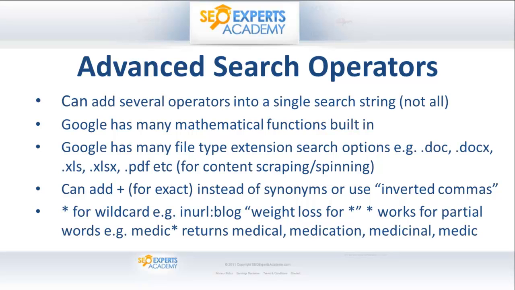One of the great things about the asterisk wildcard is that it also works for partial words. For example, if we use the wildcard in connection with the word medic, it would return search terms like medical, medication, medicinal, and of course medic as well. So the asterisk is a very good wildcard.